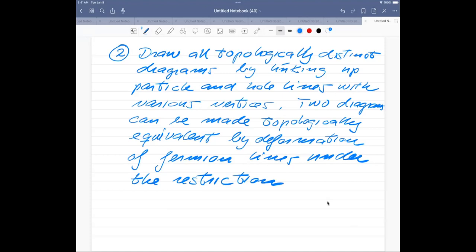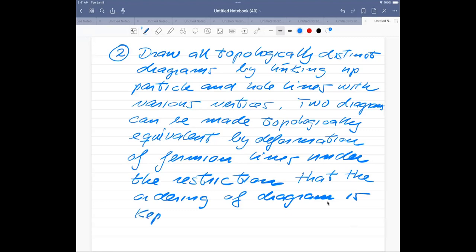So let me just write that one down. That restriction is that the time ordering we've chosen, the ordering of the interaction vertices, is kept, or the ordering of the diagram is kept.